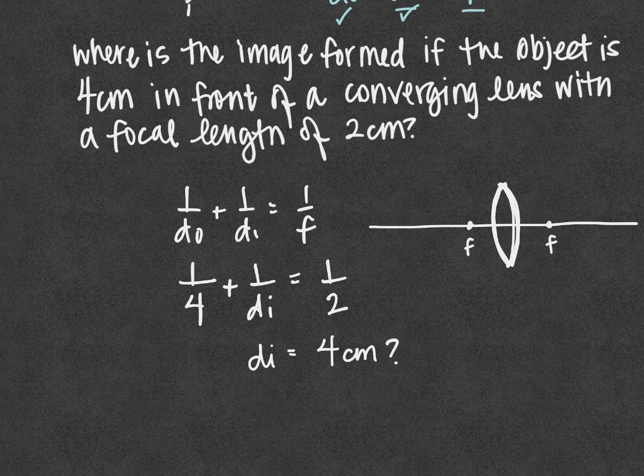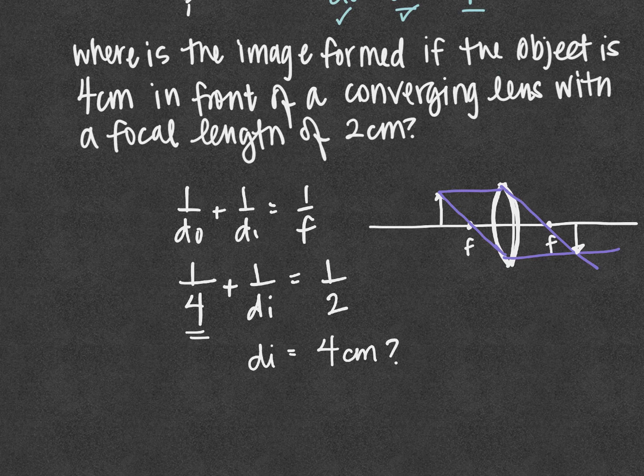And our object, in this case, was twice as far as the focal point, so it was out here at this position. Now if we follow the rules for drawing a ray diagram, we would have a ray that goes parallel and then through the focal point, and then a ray through the front focal point, and then out parallel. And you may notice that these two rays appear to cross over at about twice the focal point.